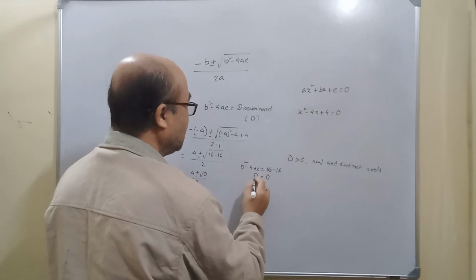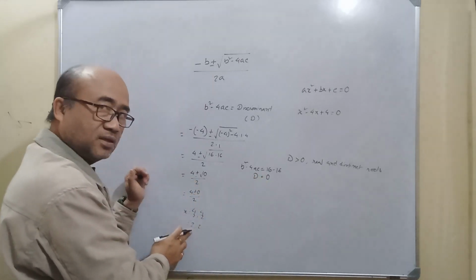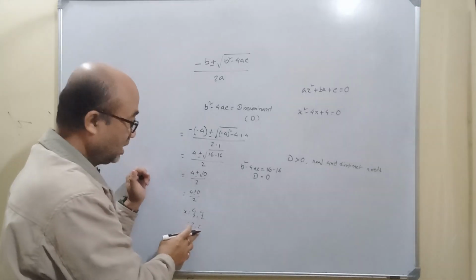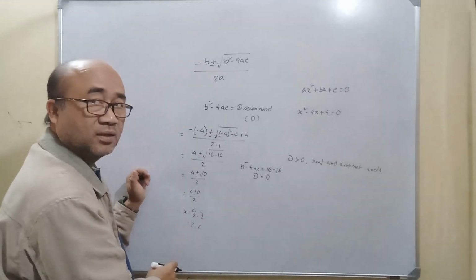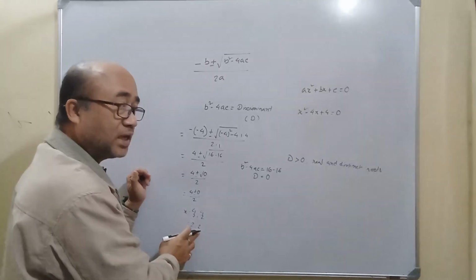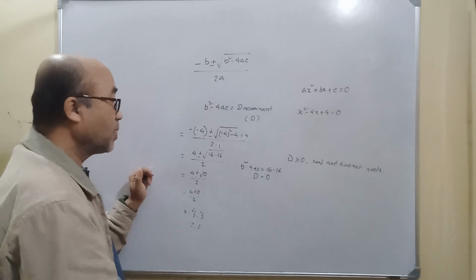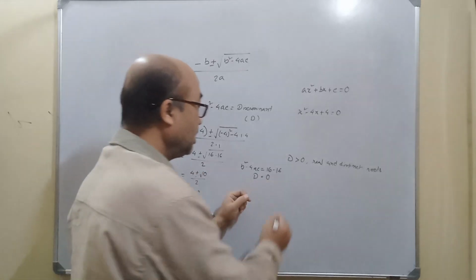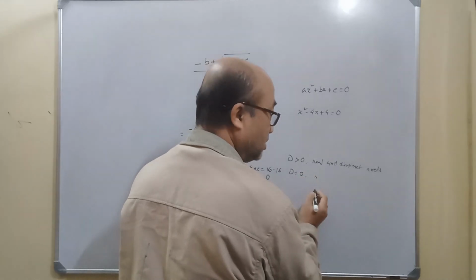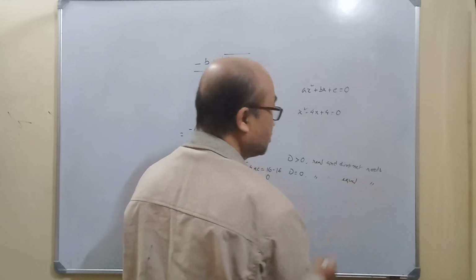So when the discriminant is 0, we get two roots which are real, both are real and both are equal. So what do we get from here? When the discriminant is equal to 0, we get real roots and both are equal.